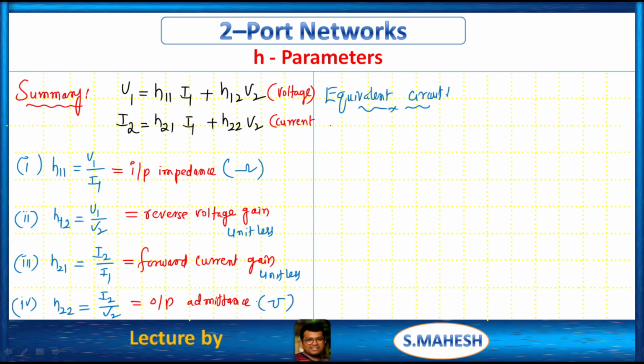So you can do the analysis by using the two previous methods, impedance parameter and admittance parameter approach, to get the equivalent circuit of hybrid parameters. First equation is application of KVL, right? Second equation is application of KCL.